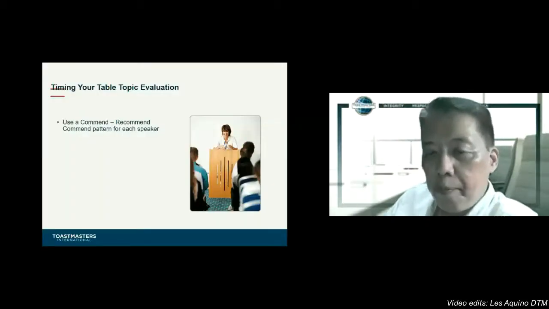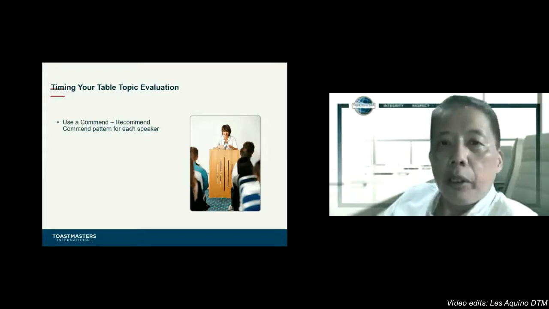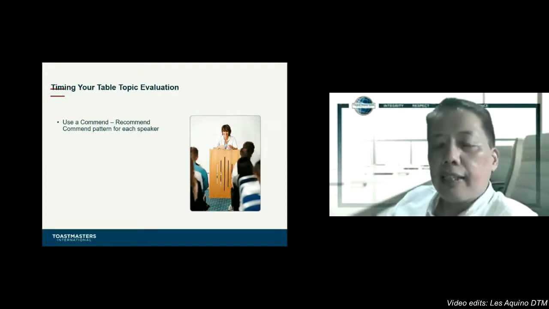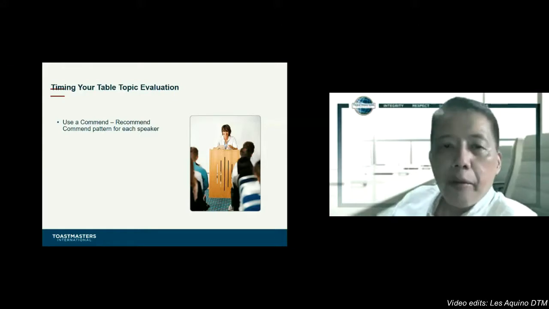We have 3 speakers, so the minimum time limit will be 3 minutes plus 2 minutes for the yellow and the red light. What you can do as the table topics evaluator is use what we call a commend, recommend, commend pattern.